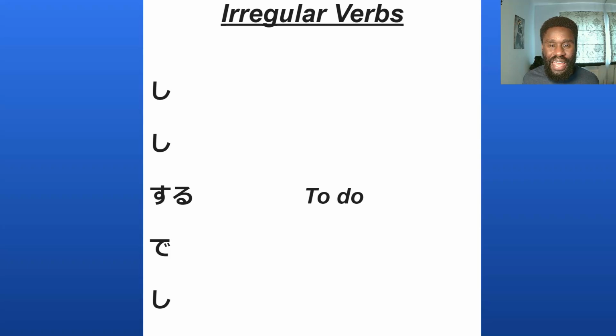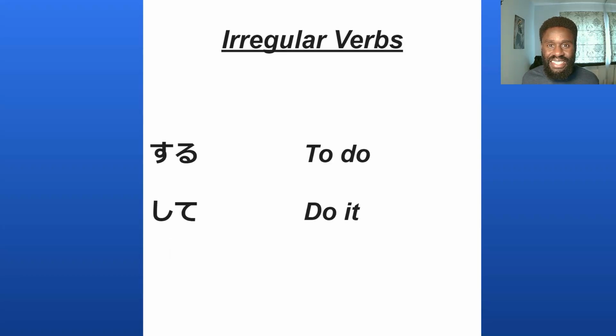So our verb we have here, in its dictionary form, is suru, to do. In its te form, it becomes shite, which is do it. And this is the te form for some irregular verbs.